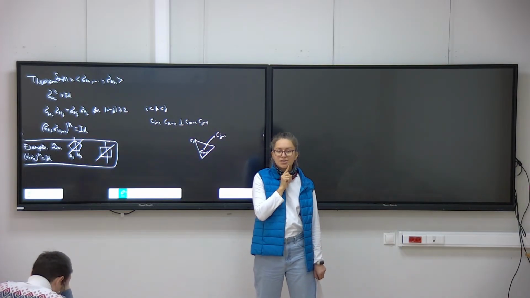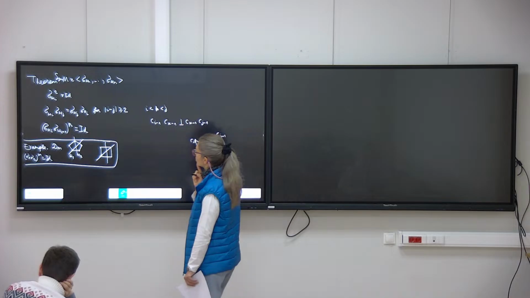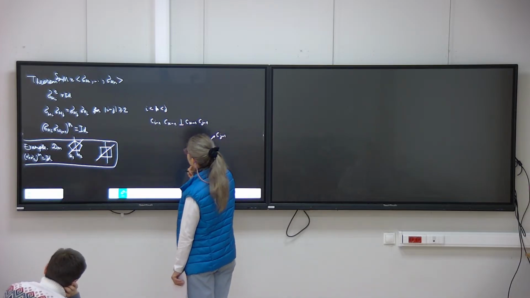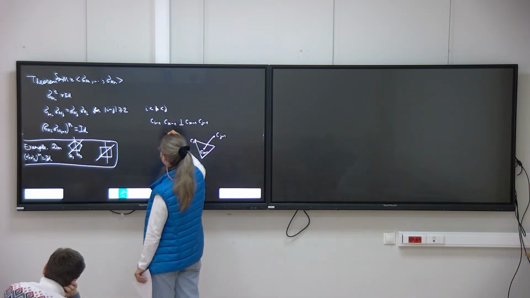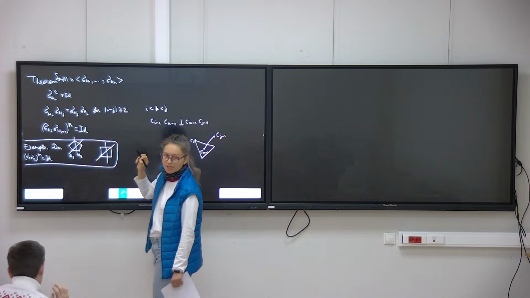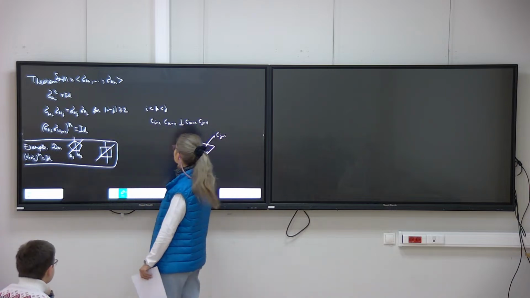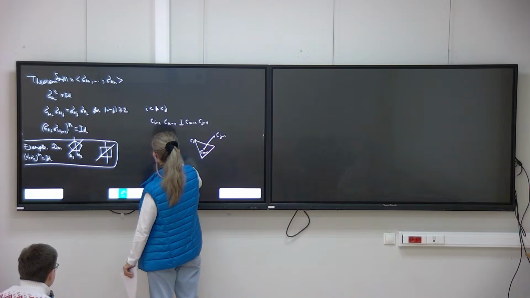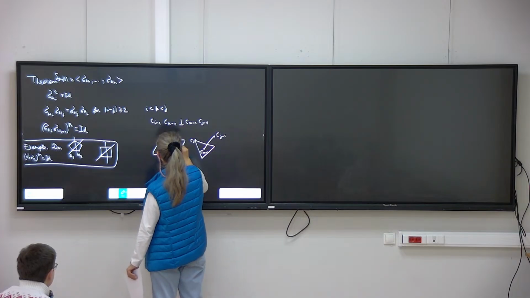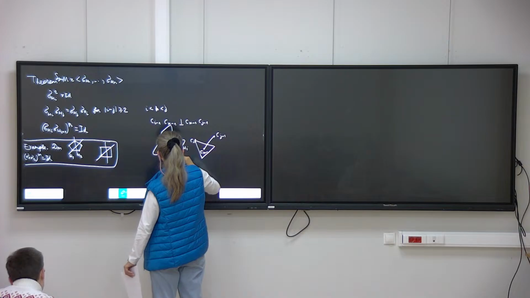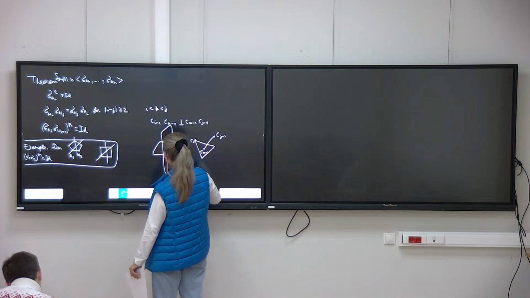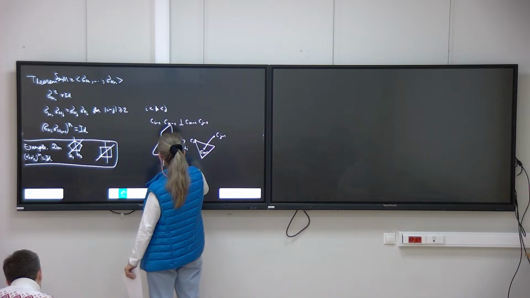So I state that C k minus 1 belongs to both H i and H j. And then, how should I draw this? This will be H i, this will be H j. So C k minus 1 is here.